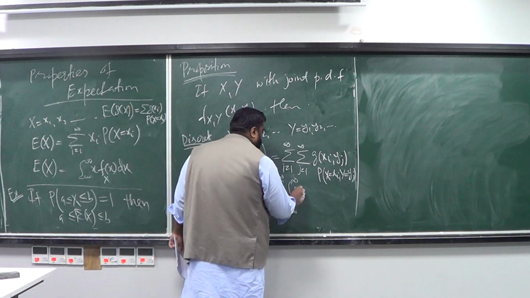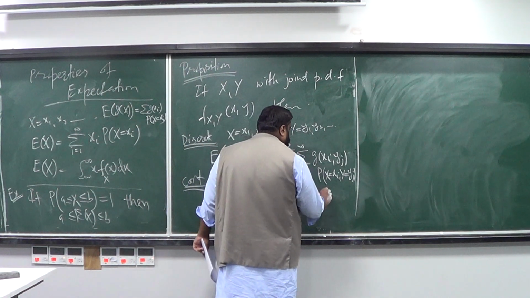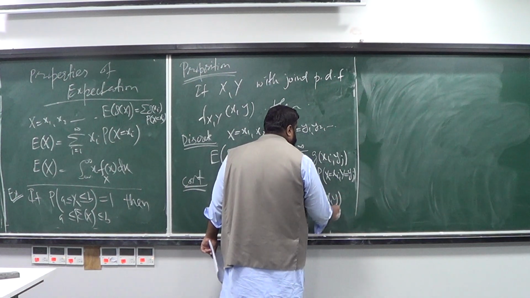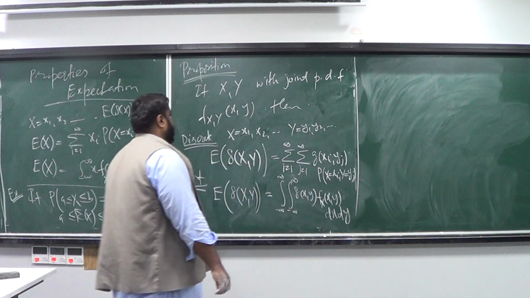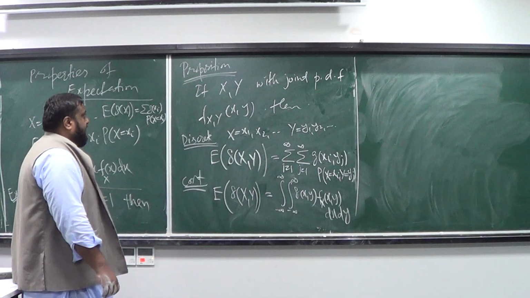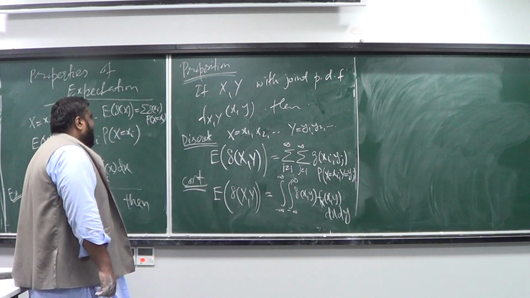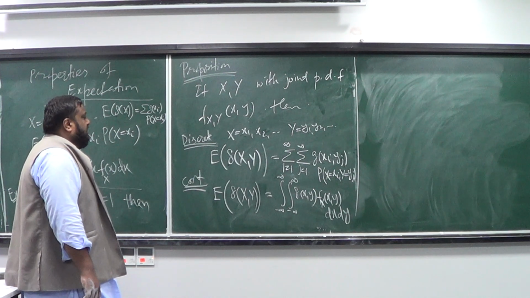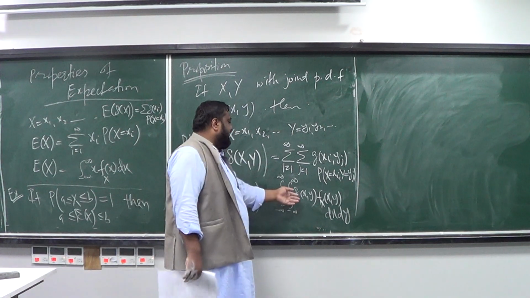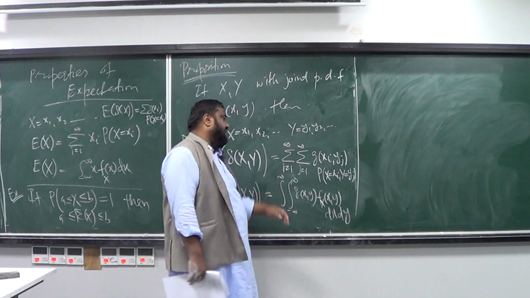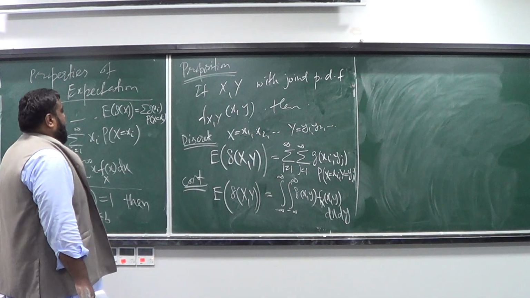Take g of xy, multiply it with the joint PDF of xy, and then integrate with respect to dx and with respect to dy. So simply, evaluate the function, multiply with the PDF and integrate.